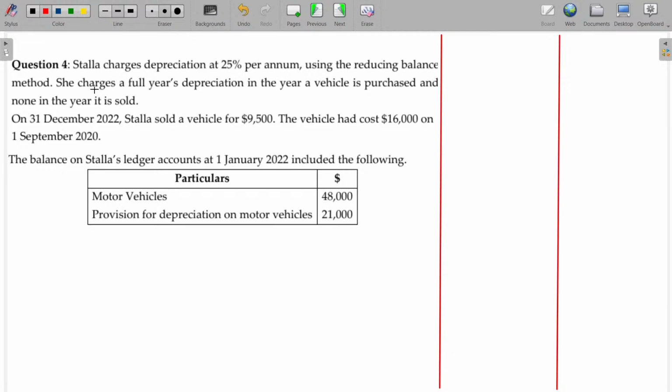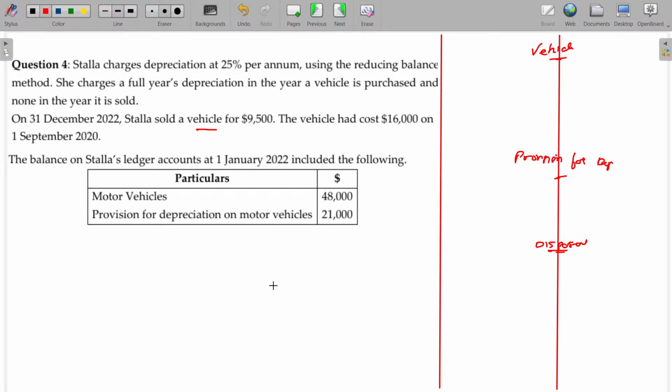So it's all about the vehicles account, the provision for depreciation account, and the disposal of vehicle account. Okay.